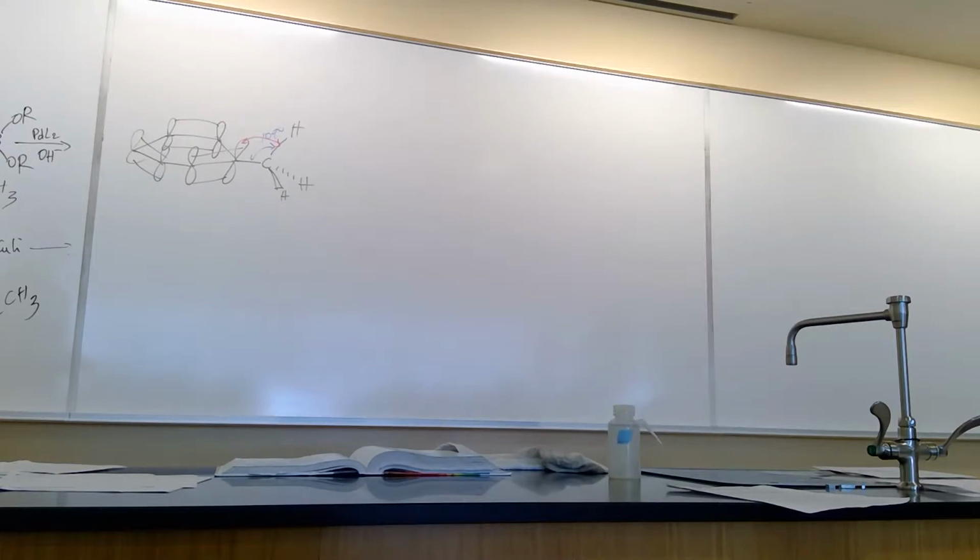So if you have the CH, the sp3 carbon with an H on it, just like you know the hydride shift, this is kind of similar to a hydride shift. It goes back and forth from the CH3 to the ring, and it fills that orbital. So that's an electron donating by hyperconjugation.